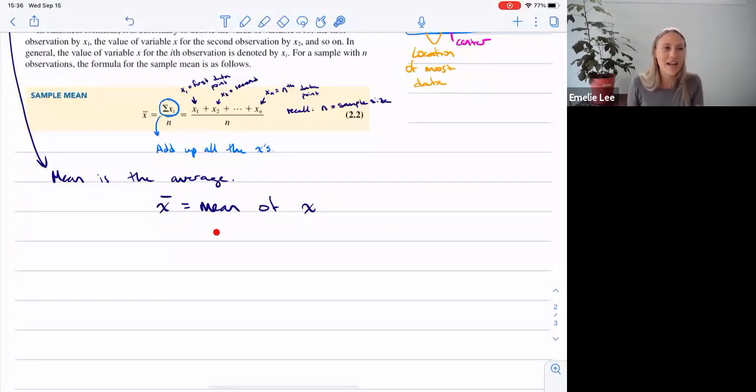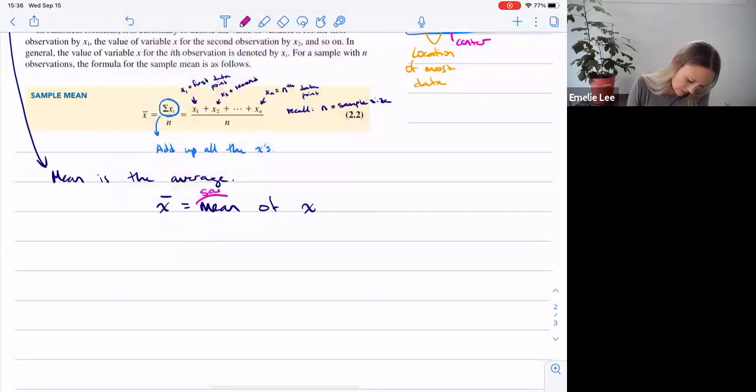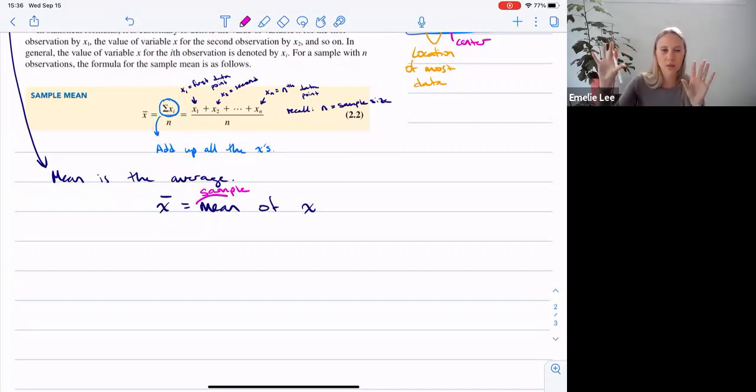So for my X's, X bar is the mean of X, but really whenever you have a bar, it's not just the mean, it's the sample mean. Remember, one of the tricky parts with statistics especially is we have sample information, but we're also trying to learn about the population, right? And there's population information, right? The sample is going to have some average.